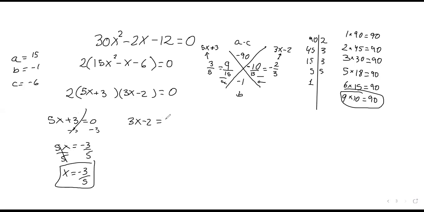And 3x minus 2 equal to 0 gives plus 2 on both sides, 3x equal to 2, and divide by 3. But you know, you have the numbers from before. I'm just showing you that they are the same, but you really have the answers from here.